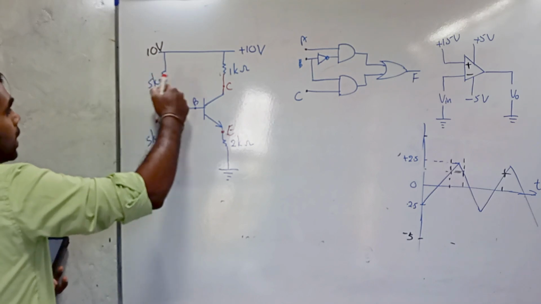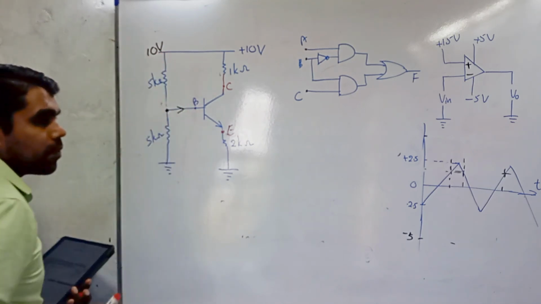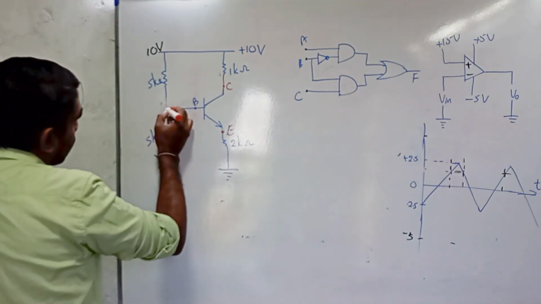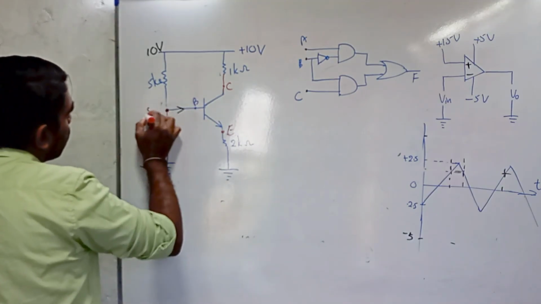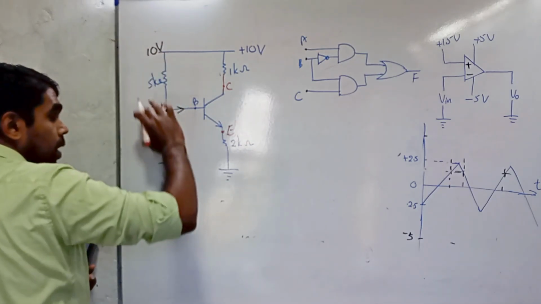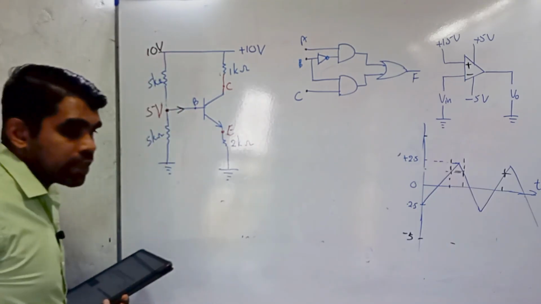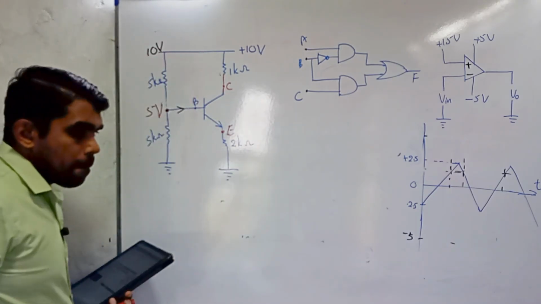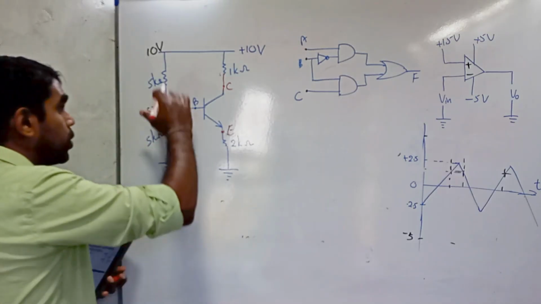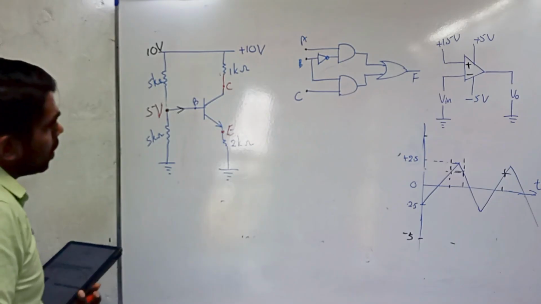Therefore, we can consider that these two resistors are in series and have the same resistance values. Therefore, the voltage of this point should be 5 volts according to the potential divider method. If there are equal series resistors, the potential of the midpoint should be half of the total potential difference.